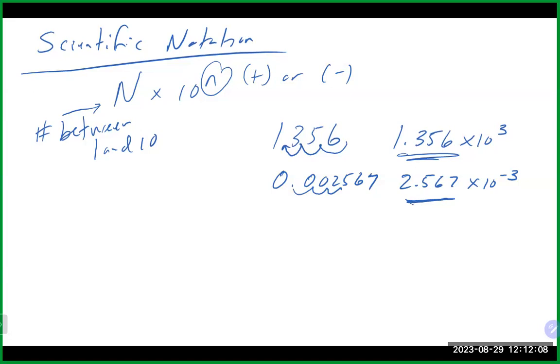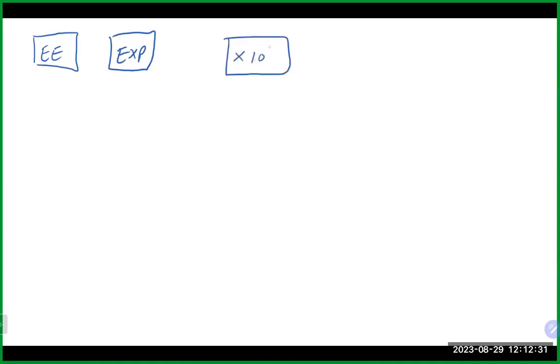Now, more importantly, probably is that most people don't know how to properly punch scientific notation into their calculator. So let's make sure you properly know how to do that. On most people's calculators, you actually have an exponent button, and on most of them, it will either be an EE button or an EXP button, and on some of the new fancier ones, I guess they're not new, they've been making them a while now, you have a times 10 to the n button.